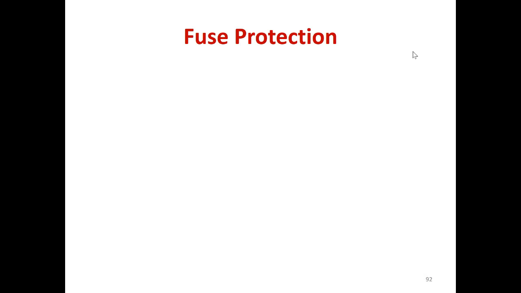Let us start with the fuse protection. As I told, fuse protection plays a very important role in overcurrent protection. In this fuse protection, we'll cover abnormality and faults: what is abnormality in the system and how it leads to fault.